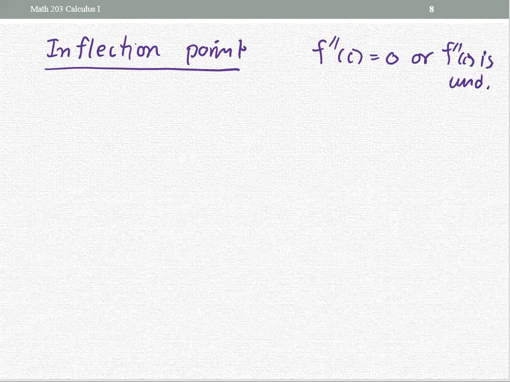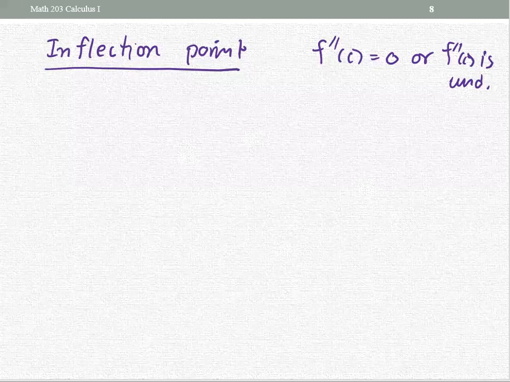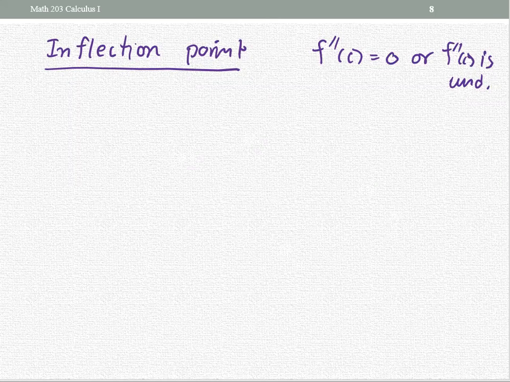It is the same process that you did with the critical value, but you work on the second derivative. Once you get the point c, you draw the real number line, but this one is about the second derivative. I'm going to use x instead of c, because c we use for the critical point.